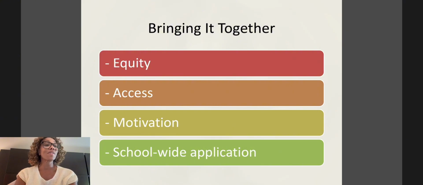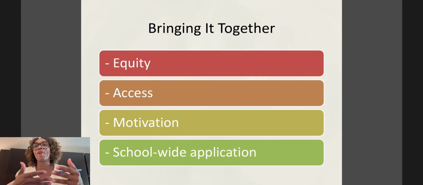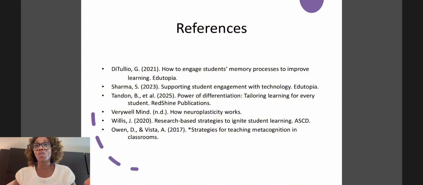Just small, consistent shifts can make a big difference in students' success, and they can be applied in any classroom, not just CTE. But fortunately for CTE teachers, it comes naturally because what we're teaching is hands-on, is differentiated from the traditional courses, the core courses.